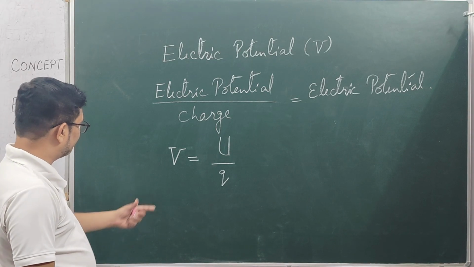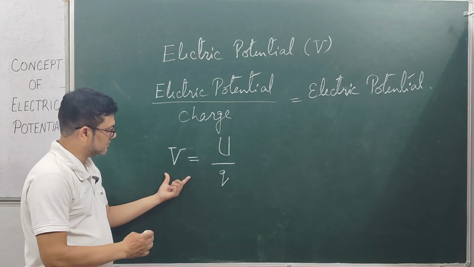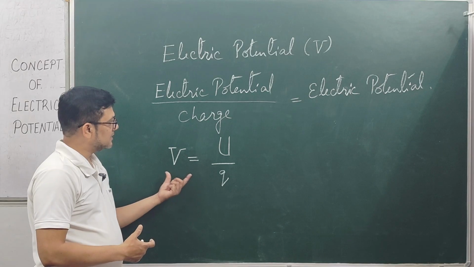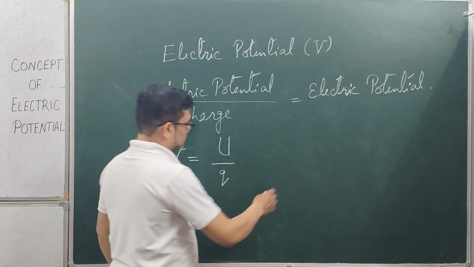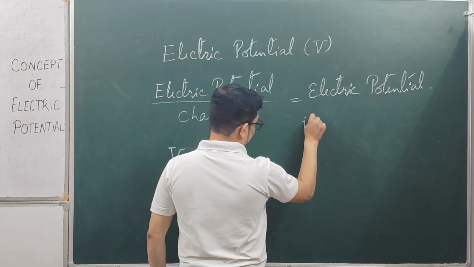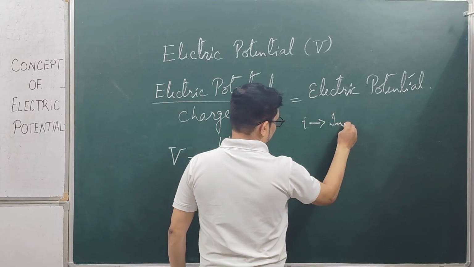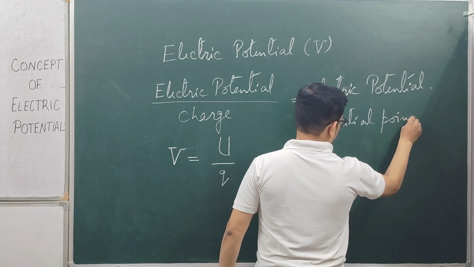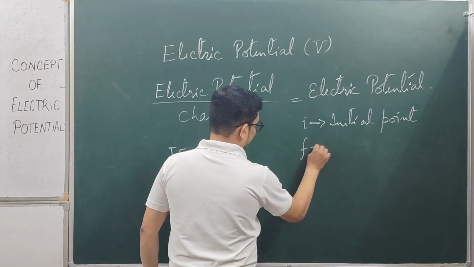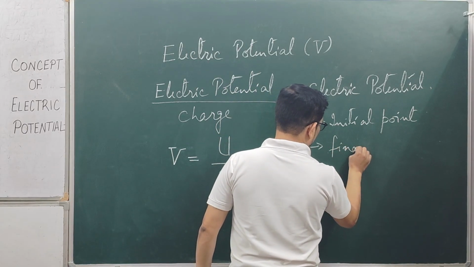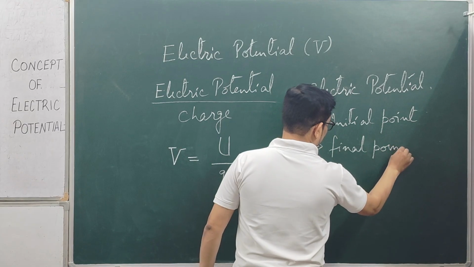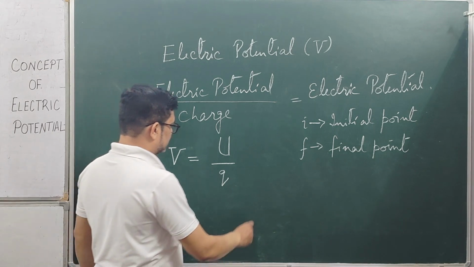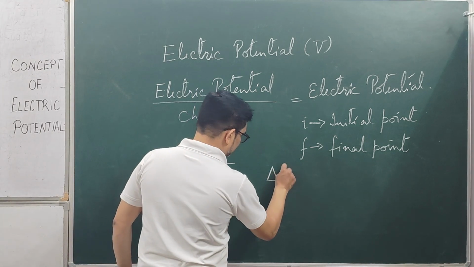So from here, if you want to understand what would be the potential difference between 2 points, that is electric potential difference. Suppose you take I as the initial point, a point in the electric field, and you abbreviate F as the final point, any final point in the electric field. And you want to know the difference, that is the electrostatic potential difference.